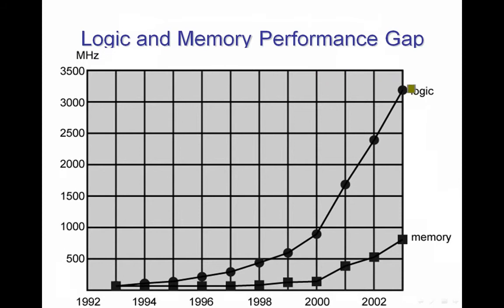By logic, we mean the performance of the CPU speed, and memory speed. We have a lag between the CPU and the memory speed. Therefore, we are looking for a performance balance to overcome this problem.